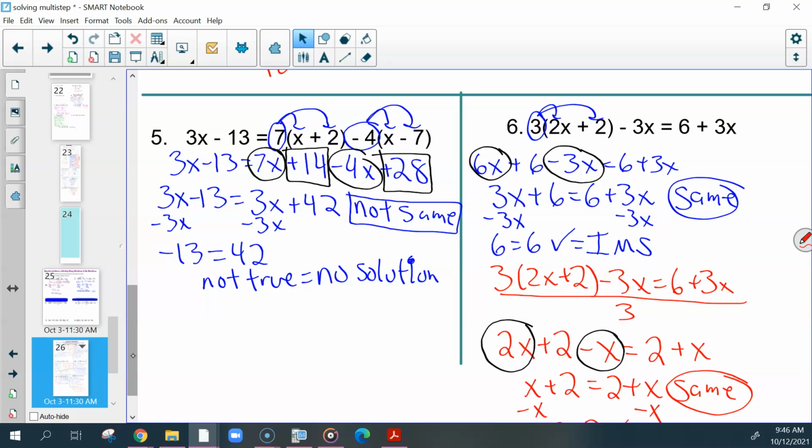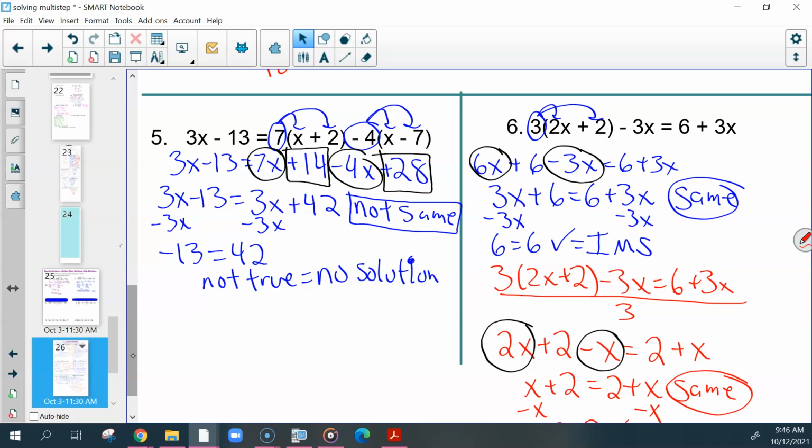5 was no solution. You ended up with 3x minus 13 equals 3x plus 42, or negative 13 equals 42. And then for number 6, you should have seen that these were the same, 3x plus 6 and 6 plus 3x. Even though they were switched, they still have the same constant and same coefficient.